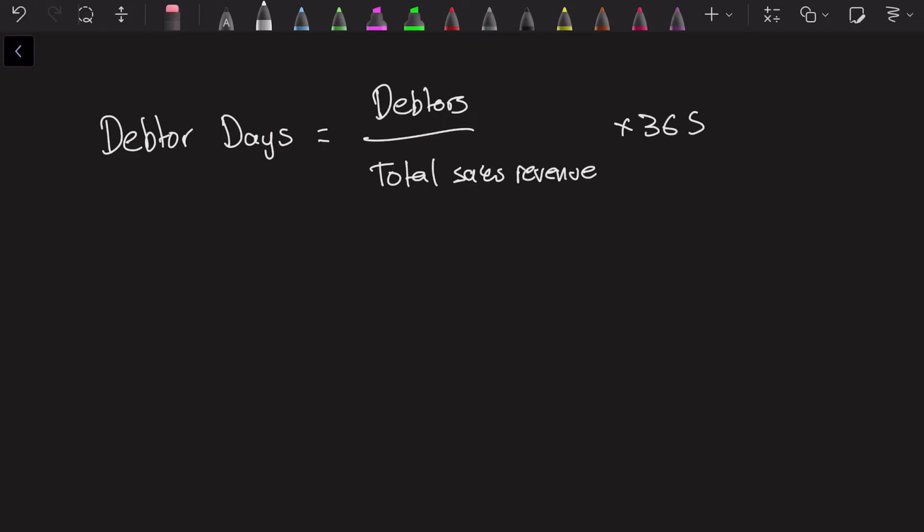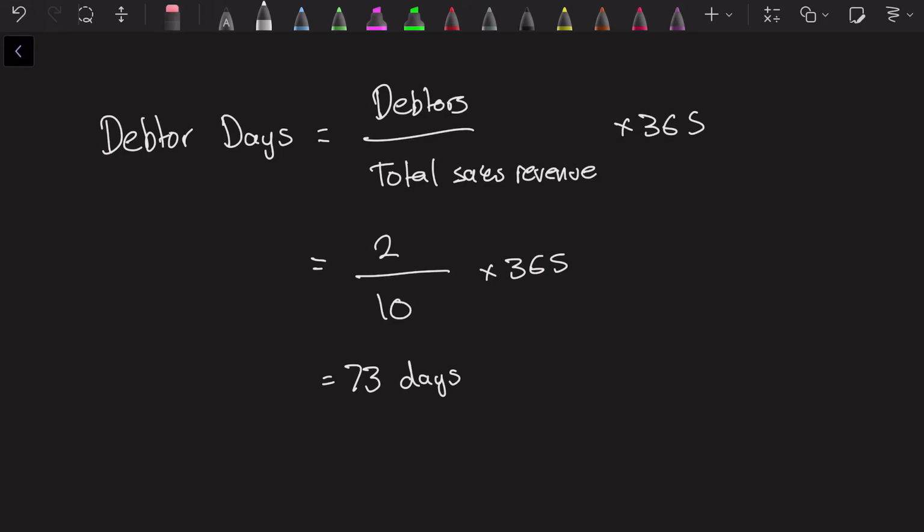So let's say we have $2 in debtors, and we have $10 of sales revenue every year. So 2 over 10 is 0.2 times 365, which is 73 days. So that means it takes about 73 days for a business to collect its debts.